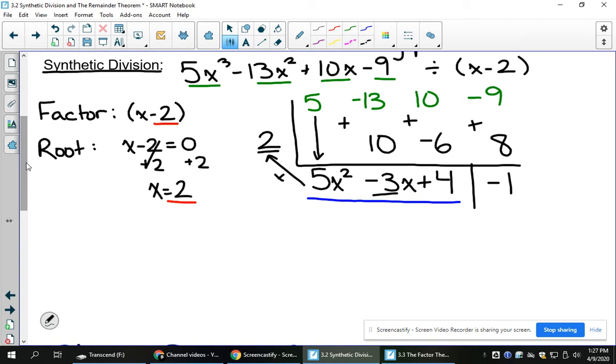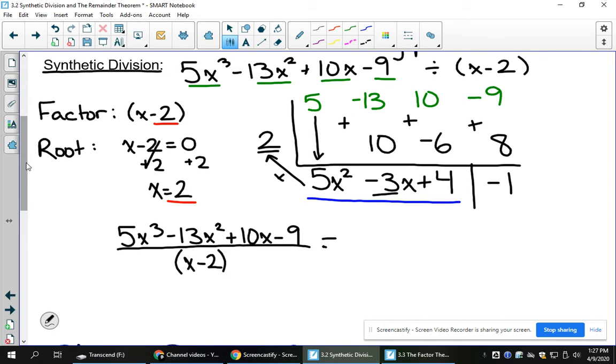So how could this look? 5x cubed minus 13x squared plus 10x minus 9 was divided by x minus 2, and we got 5x squared minus 3x plus 4. But we did have a remainder, so all you would say is you've got a remainder of negative 1.